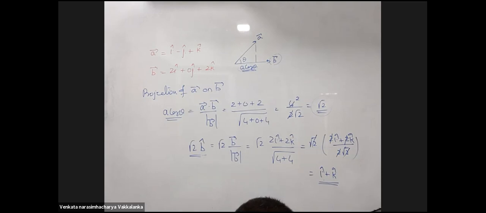So, sir, I cap plus K cap is just a component of A vector along B vector direction. Right.